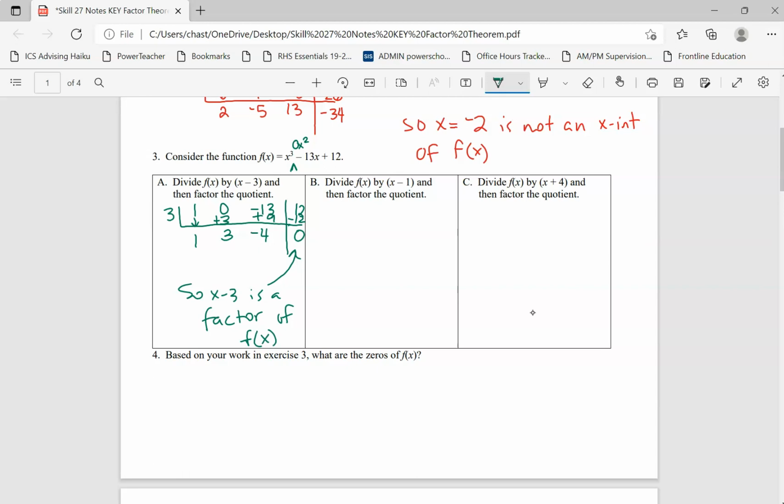For the next one, we're going to divide by x minus 1, so 1 goes on the outside. And we're going to use those same coefficients that we had before. Bring down the 1. And when we look here, we can see we have another remainder of 0. So x minus 1 is a factor of f of x.